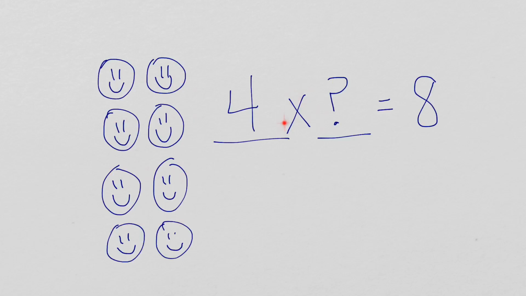Then you have your multiplication sign, and then this is missing. What does this factor represent? You're right. This factor represents the number of smiley faces in a row. And of course, right here is the answer. Now, the fancy word for answer in a multiplication fact is product.